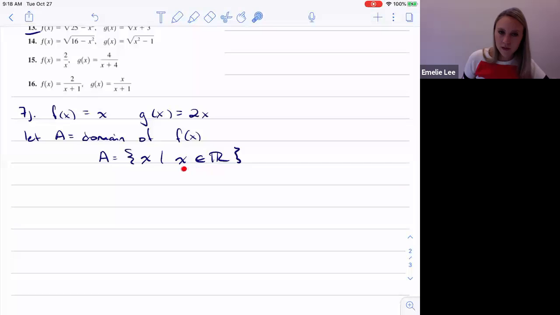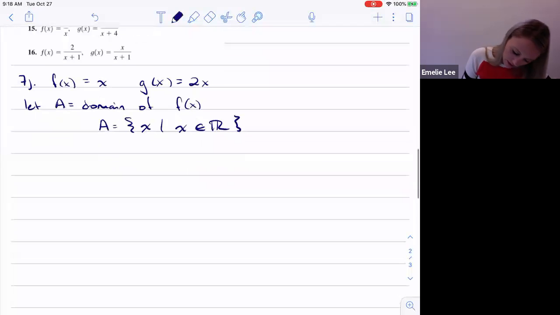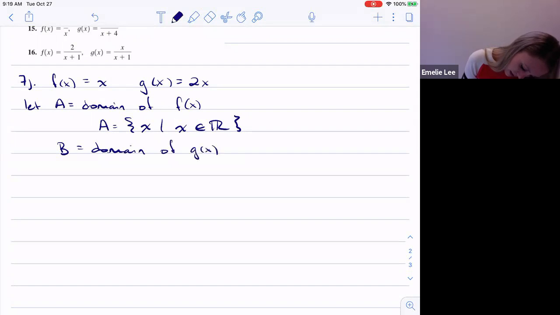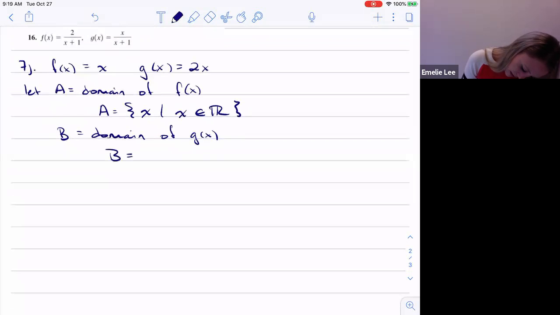So the domain here, if f of x is just x, x can take on any number. There are no illegal numbers. Same thing with 2x. And so here, if we let B be the domain of g of x, then B is the set of x's such that x is in the set of real numbers.